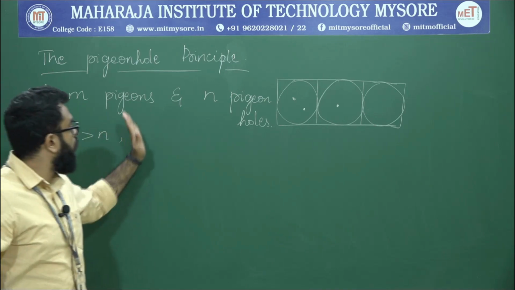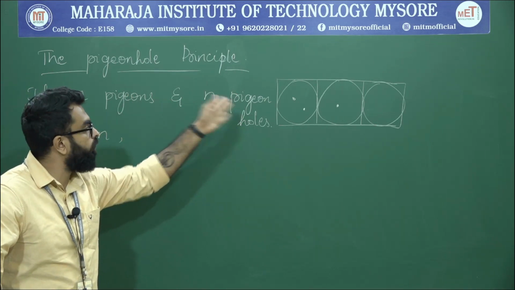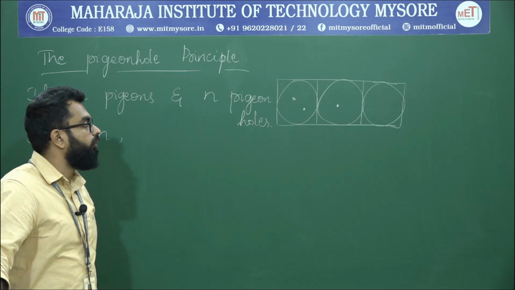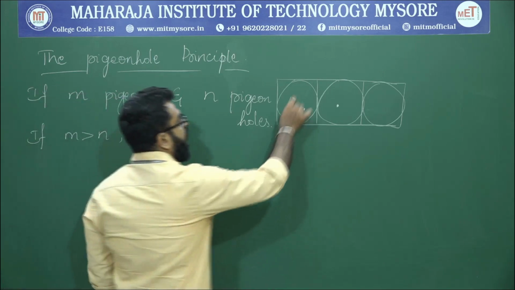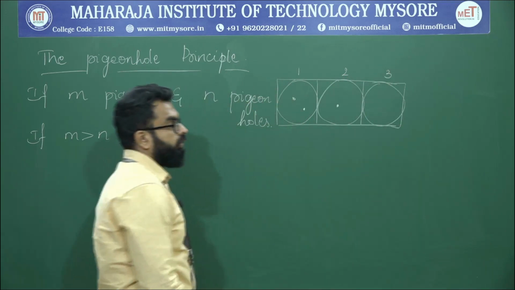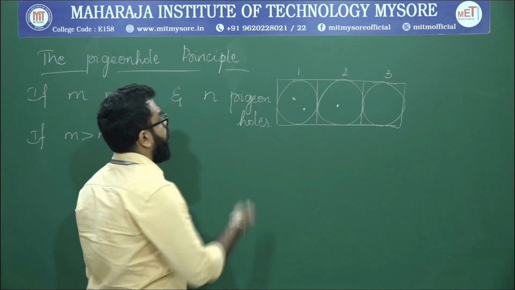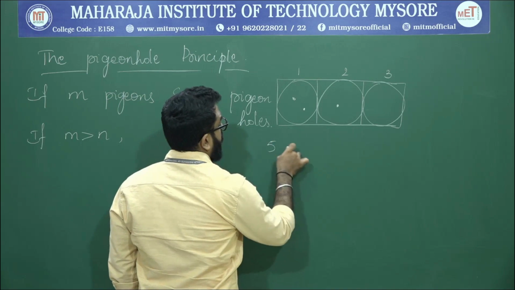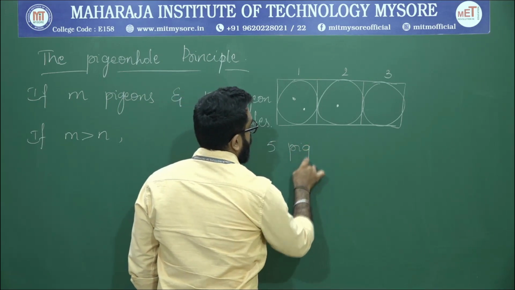If I want to make all the pigeons reside in these n pigeonholes, then what do we understand? For example, I have 3 pigeonholes in this illustration, and I take m as 5 pigeons.